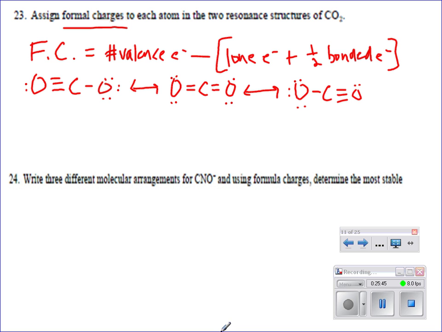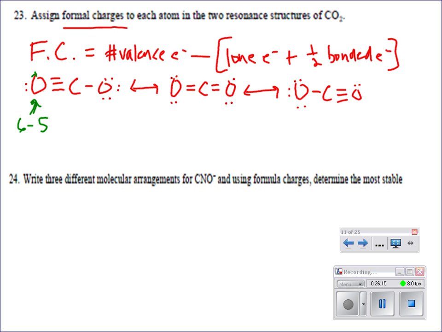How you do it is this. I'm going to start with this oxygen right here. What's the number of valence electrons that any oxygen has? 6 minus. Now I go lone pair and half bonded pair. How many electrons are in a bond? 2. So for every bond, we'd count 1 electron. So I'm going to count 1, 2, 3, 4, 5. I'm basically counting things around it. That's it. So 6 is valence minus 1, 2, 3, 4, 5.